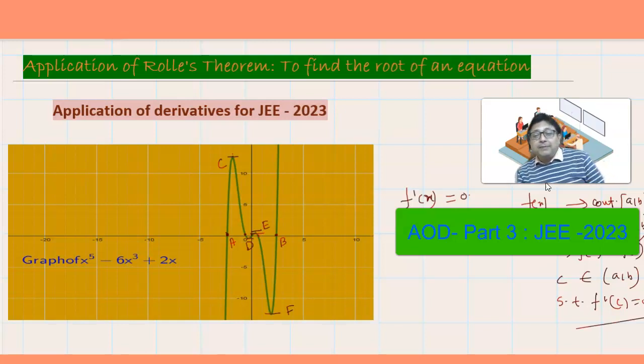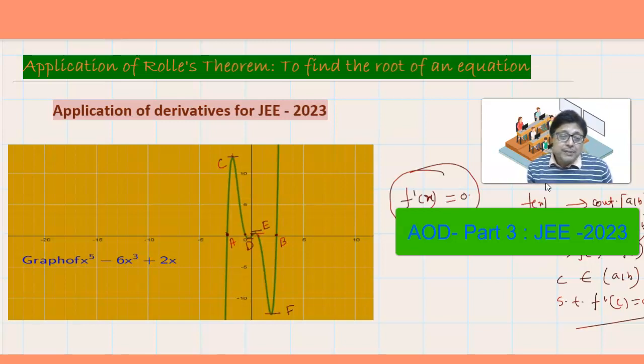So in this graph you can see that those points are the x-coordinates of the points C, D, E and F, where the tangent is parallel to the x-axis. Those 4 x-coordinates will satisfy the equation f dash x equal to 0. So Rolle's theorem can be used to find the roots of the derivative of a polynomial equation.